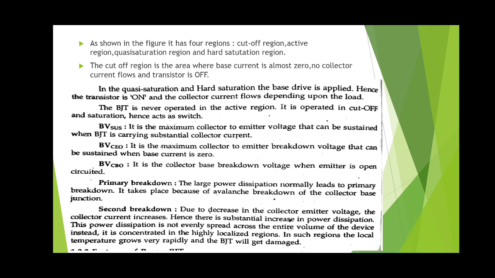BVCEO is the maximum collector to emitter breakdown voltage that can be sustained or maintained when the base current is 0.